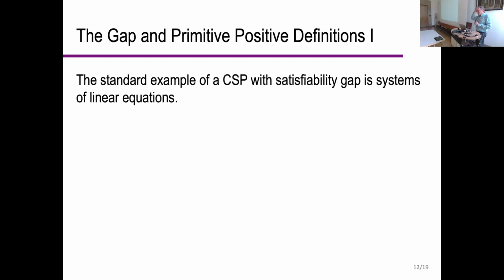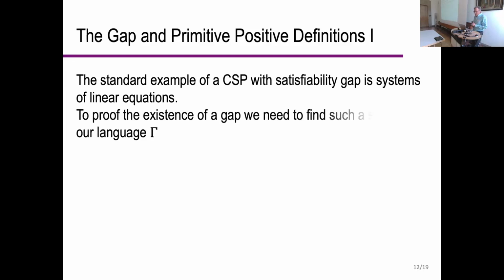So first of all, as we saw, the standard example of a CSP with a satisfiability gap is a system of linear equations. What we would like to do is start with our constraint language gamma and find those systems of linear equations there somehow.